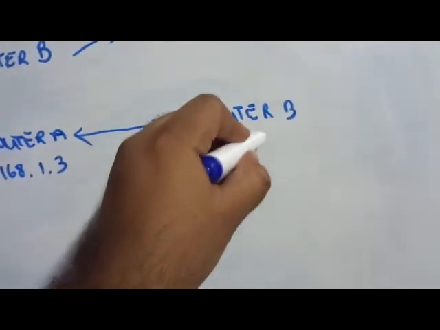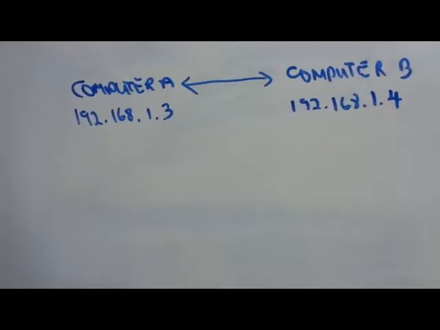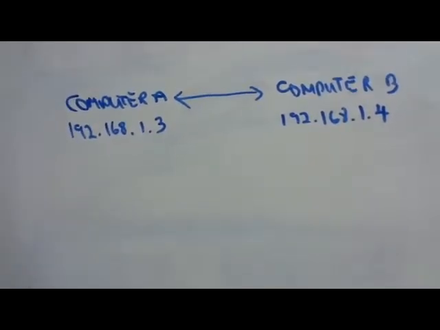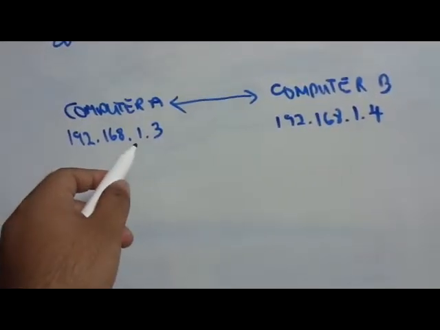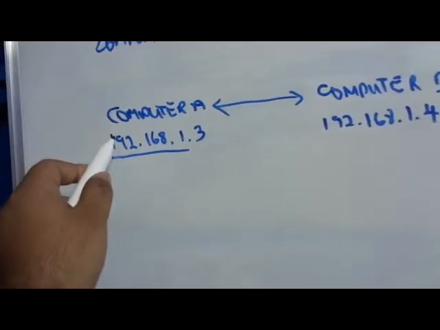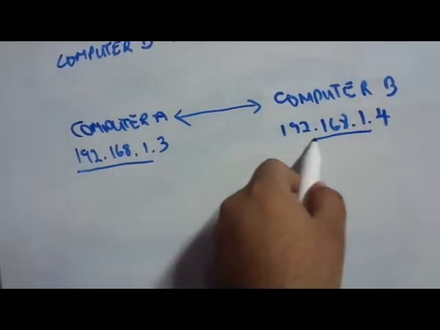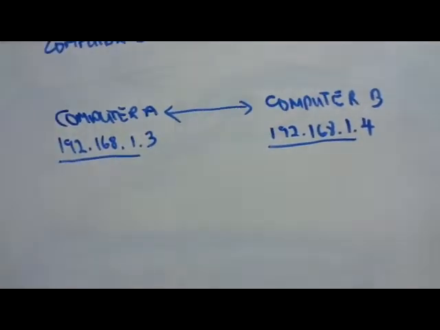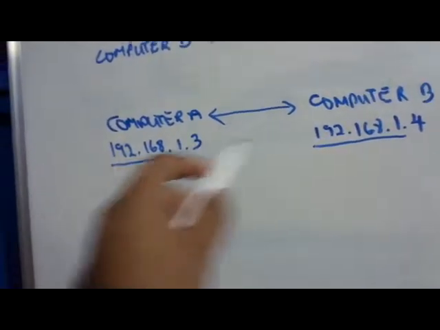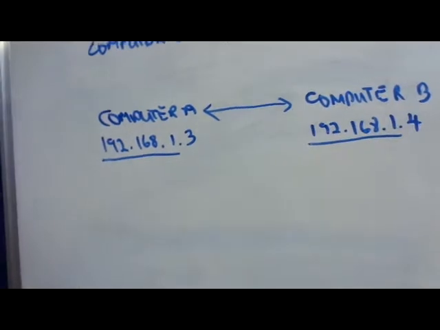192.168. They must be on the same subnet. Now you may wonder, what does that mean? Well, as I said, to make it very simple, I call this the first three numbers the same. As long as those three numbers are the same, they should be able to communicate.